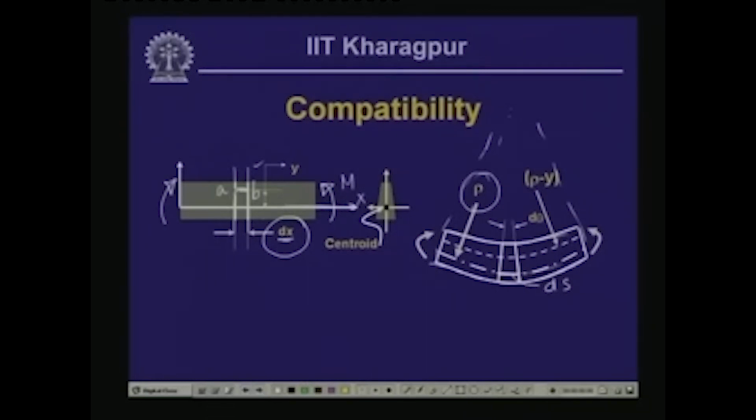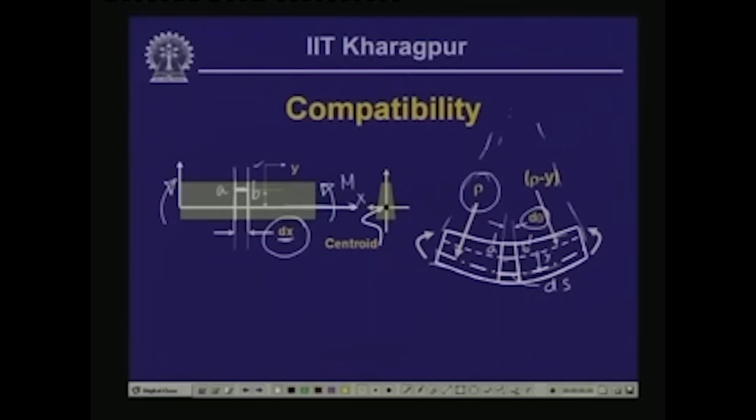Now, the fiber AB here, this is A dash B dash, let us call it, after deformation. Now, here this was at a distance of y, also undergoes deformation, and let us assume that this particular segment forms an angle d theta.